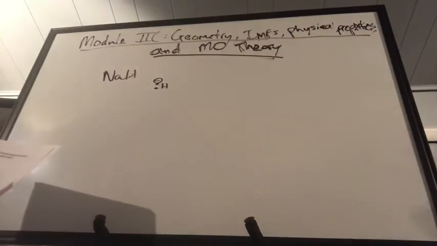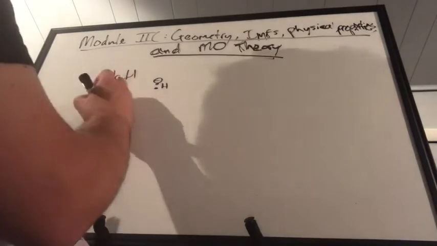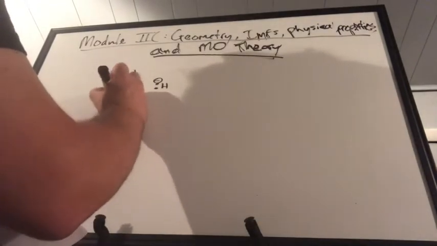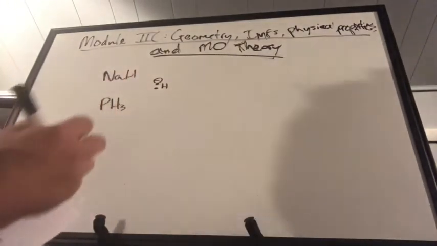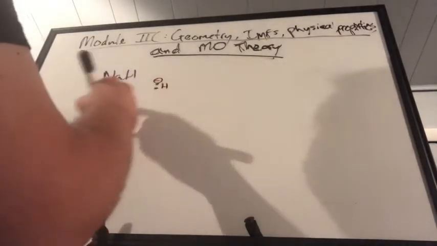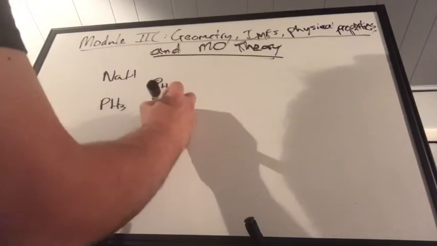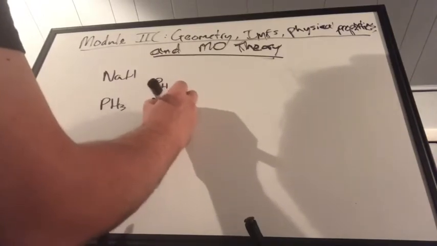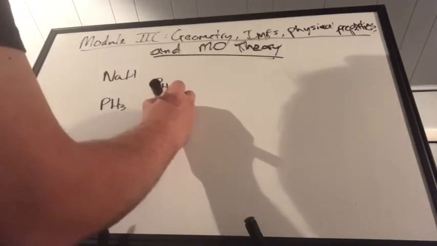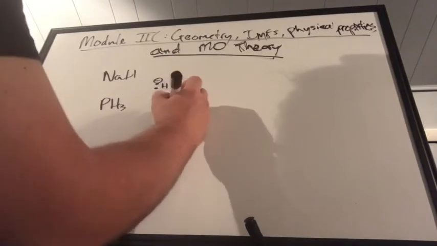Then phosphorus in PH3. Phosphorus is in group 5A, so you're going to have a lone pair there for phosphorus as well. This is isoelectronic to something like ammonia.